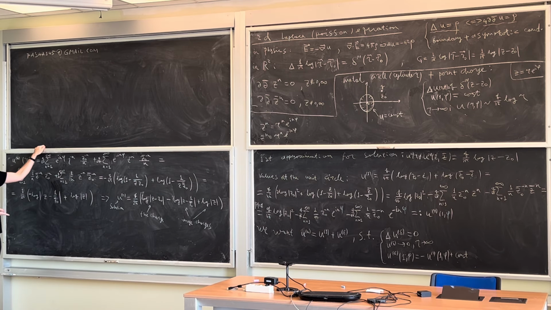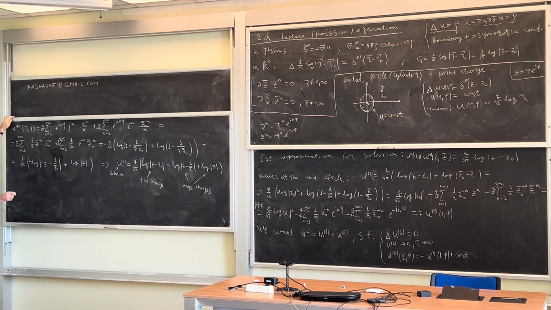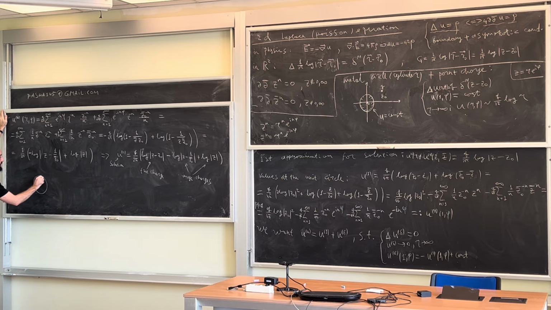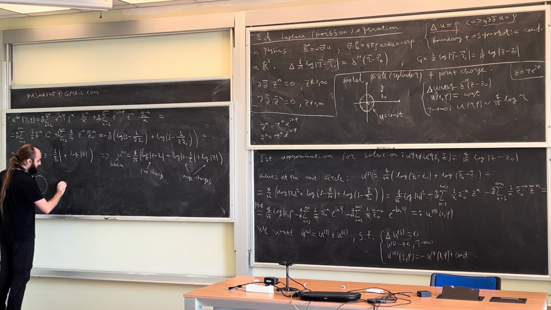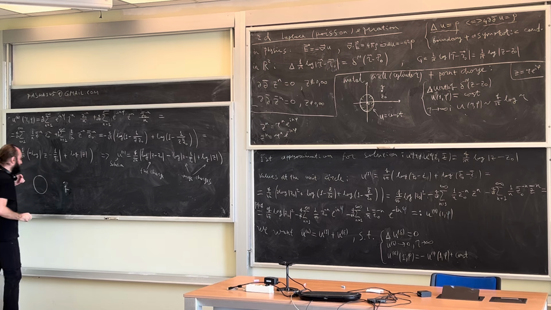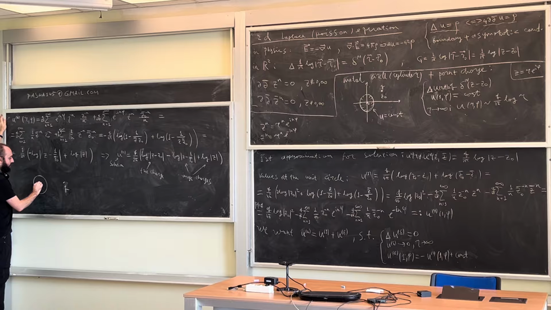So the picture looks like this. If you put this metal cylinder or circle in the field of some external charge equal to q, at a distance, so the radius of this circle is 1.